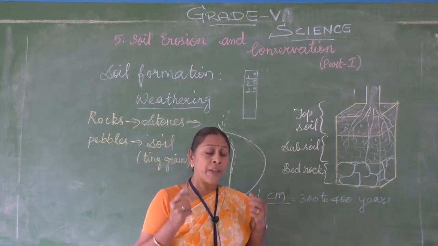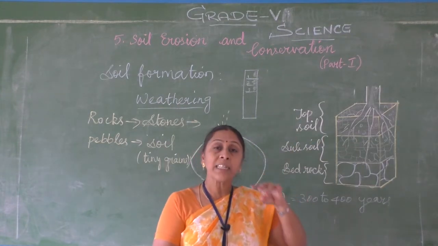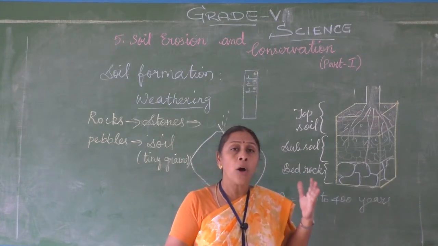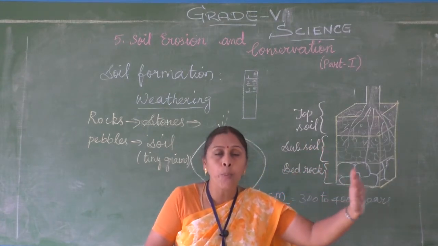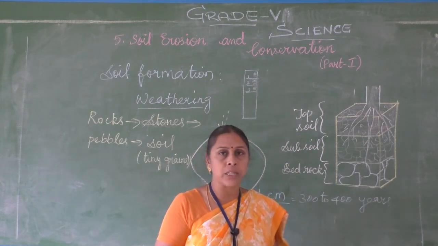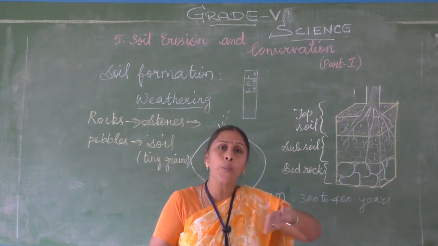So we have to conserve, that is called conservation. Conserve means we have to protect the soil, because these are all natural and slow processes. We can't prepare or manufacture soil. It is a natural and slow process.